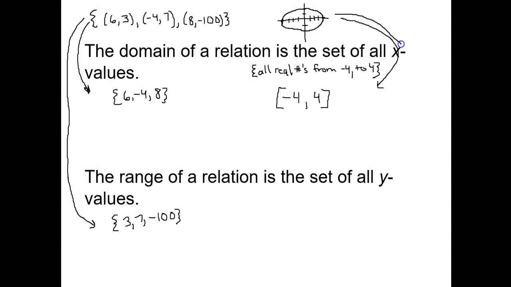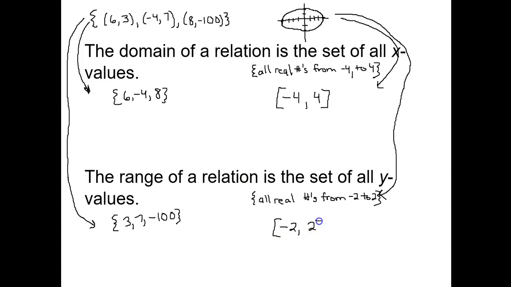And then for the range of that, you've got all real numbers from -2 to 2 for the y values. So you would write -2, comma 2, and then since it actually includes -2 and includes +2, put little brackets.